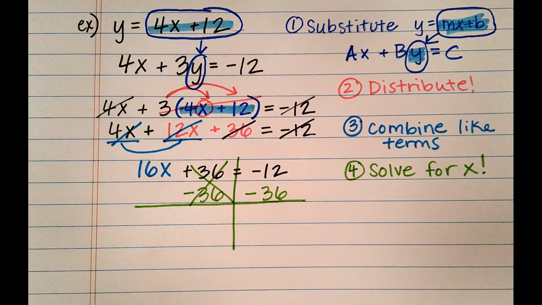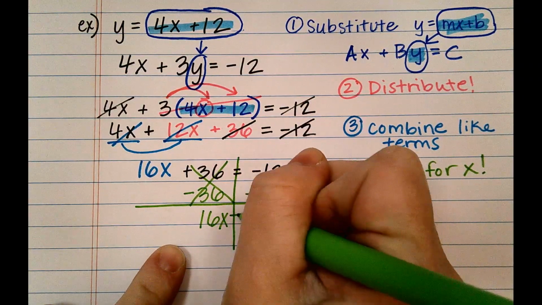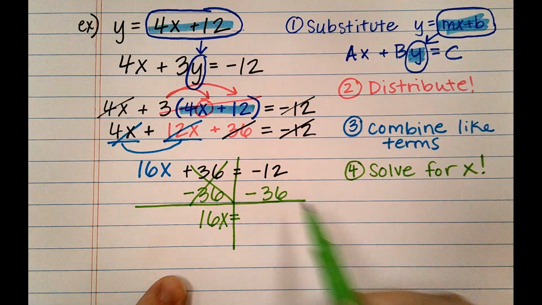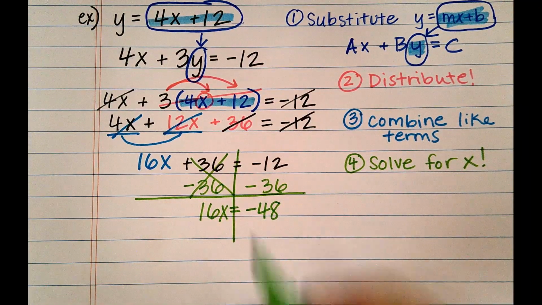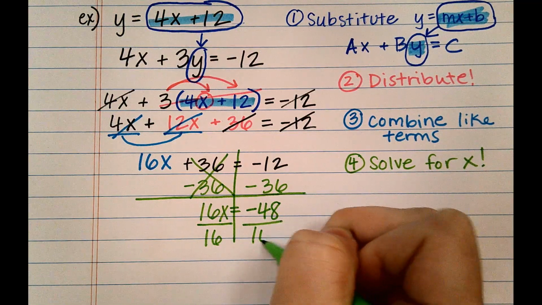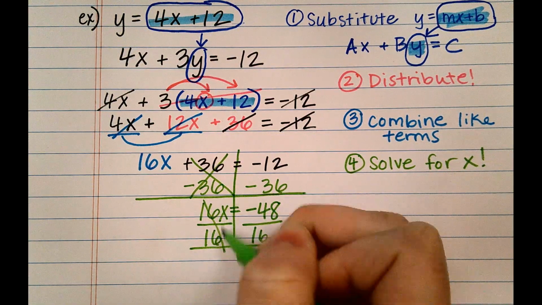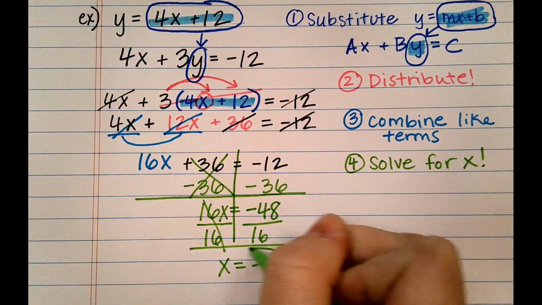Now what happens? 16x equals negative 48. Good. Divided by 16. Divide by 16. And on this side, x equals negative 3. Beautiful.